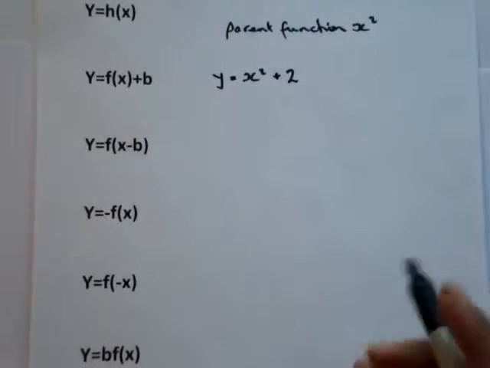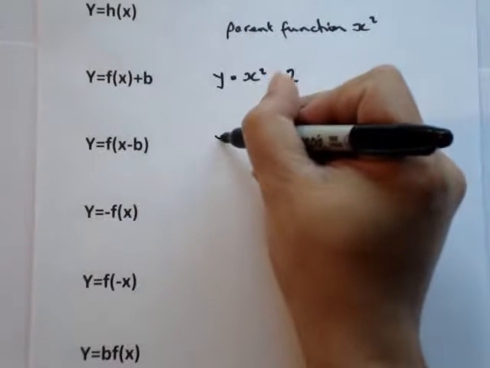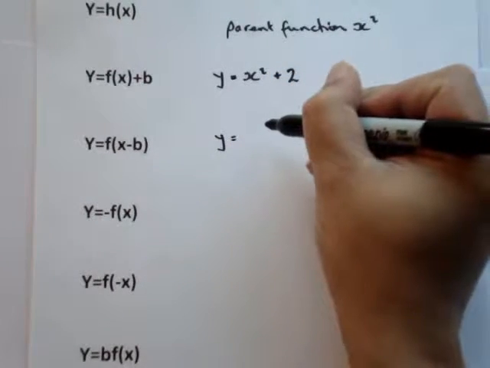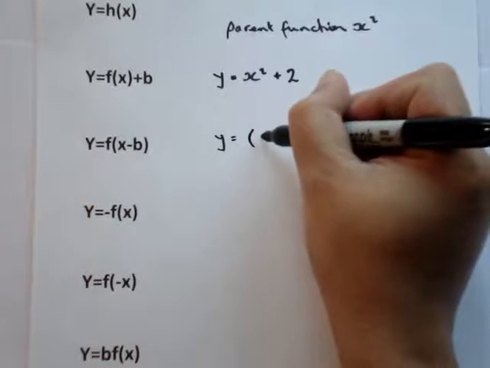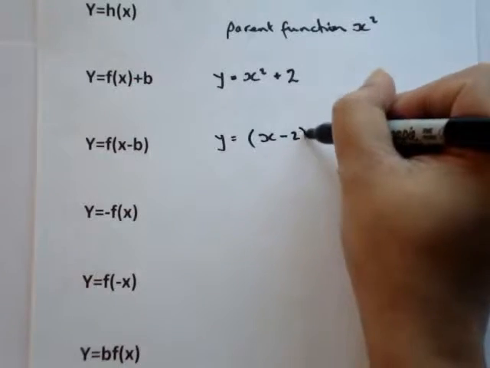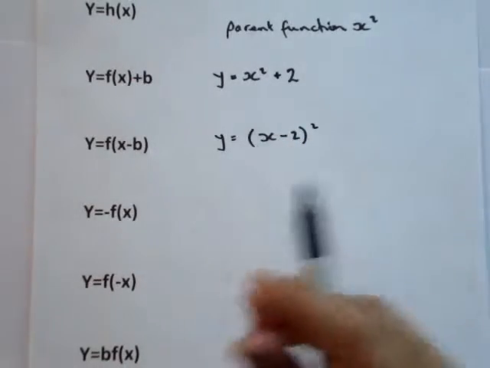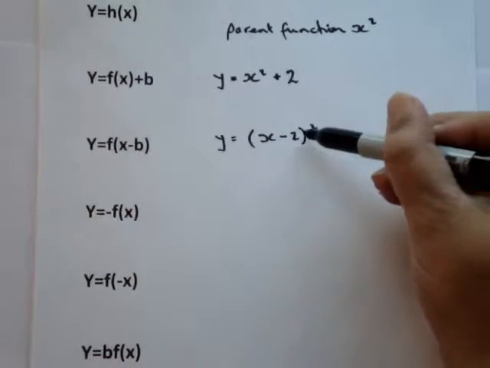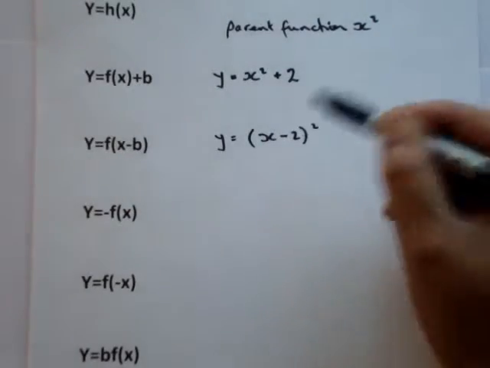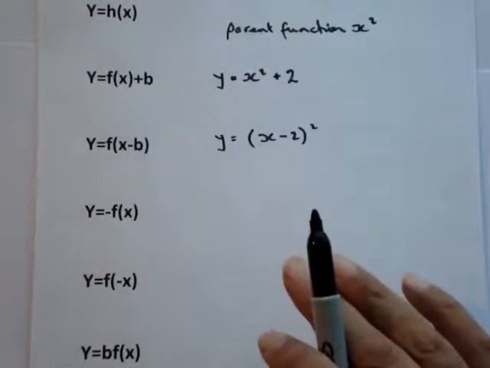In this case, it would be y equals x minus 2 squared, because the 2 is inside the argument, which is x squared.